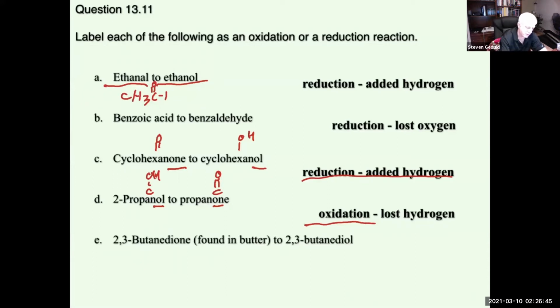2,3-butanedione, which is in butter, to 2,3-butanediol. Dione means there are two carbonyl groups, and it's a ketone, to diol, which is two OH groups. So again, you've gone from a ketone, in this case there's two of them, to an alcohol. So has that lost or gained hydrogen?